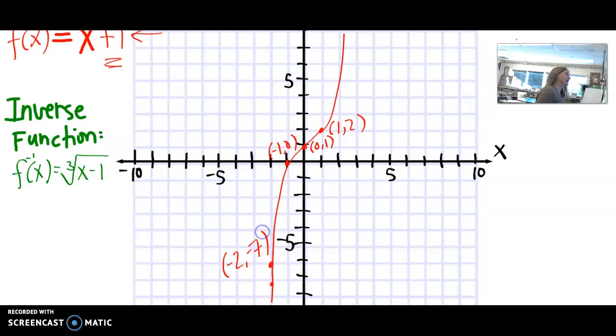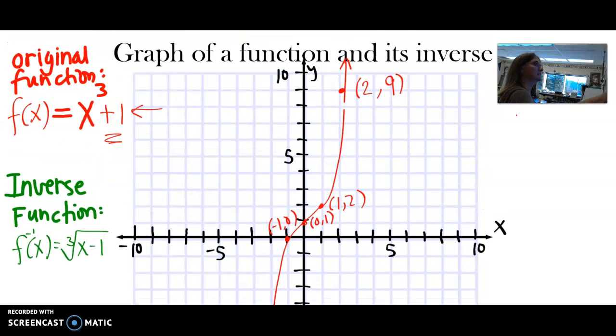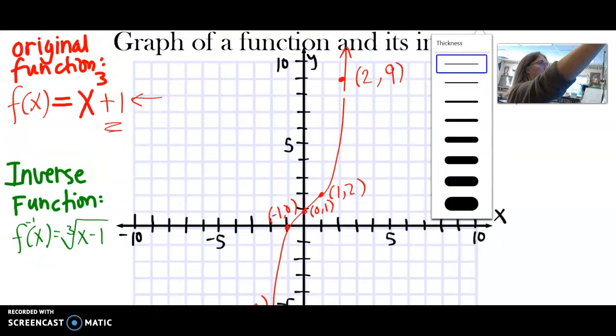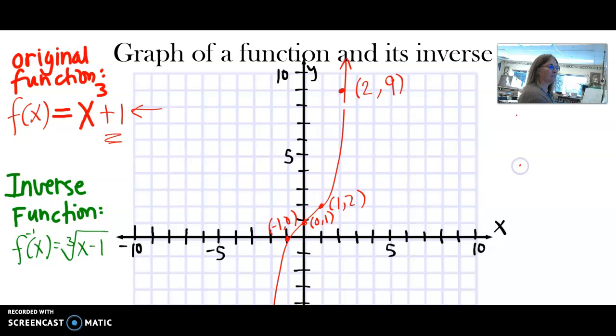So when I graph the inverse, remember that inverses interchange all of the x, y ordered pairs. That's what we're going to do to graph the inverse. Instead of 2, 9 being on the graph, it's going to be 9, 2. I did not change colors. 9, 2 will be on my inverse function.